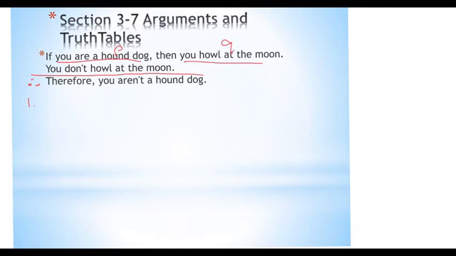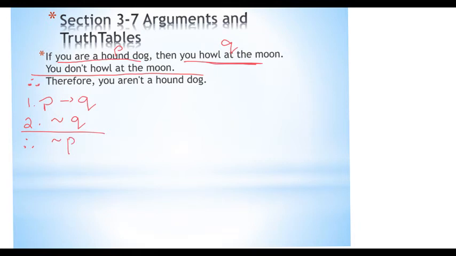So we're going to have, for the first one, if P, then Q. The second line says you don't howl at the moon. You howl at the moon is Q, so you don't howl at the moon would be the negation of Q. And then we have our conclusion. Again, those 3 dots mean therefore you aren't a hound dog would be the negation of P.